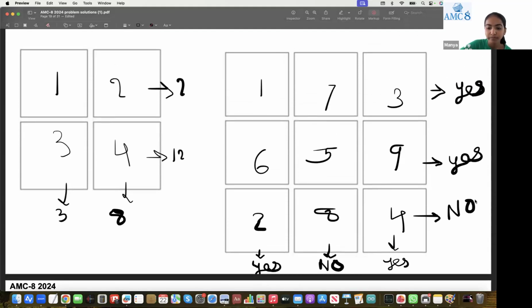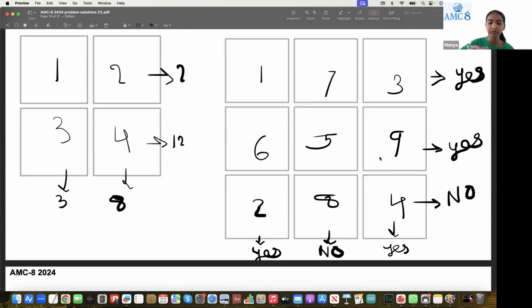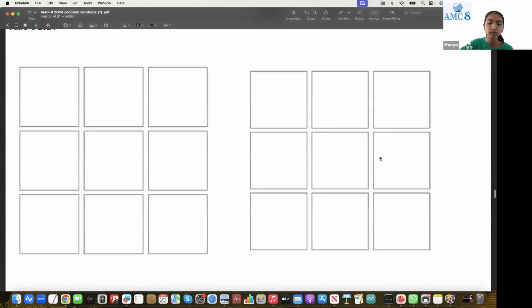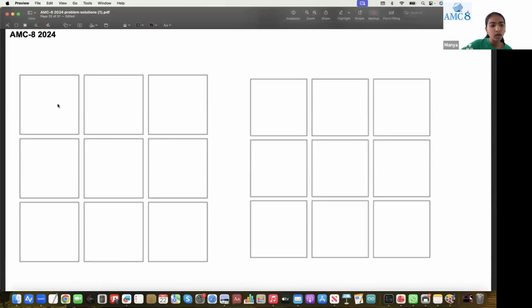But these numbers are really random. Instead, we can pick some special numbers. We can place the first three multiples of 3, which are 3, 6, and 9, in a diagonal.